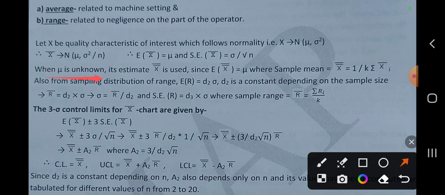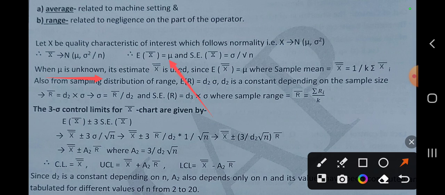When mu is unknown, we need to estimate it by x bar bar. First we have to collect the data. From the data we find out the mean of each sample: the mean of the first sample, the mean of the second sample, the mean of the nth sample. Suppose there are k samples, then we need to find x bar bar, which is nothing but the overall mean of all the samples.